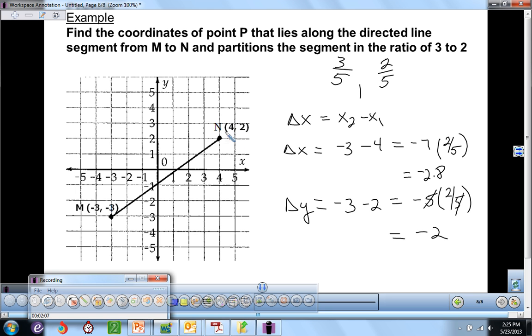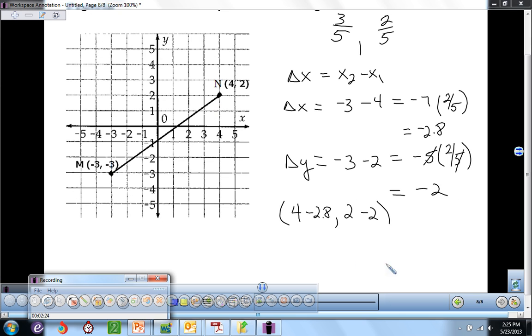Then we combine that with this one to figure out where point P is: 4 minus 2.8 and 2 minus 2. If we subtract 4 minus 2.8, we end up with 1.2, and that would be 0. So point P is 0 in the y, and we went over 1.2, so point P should be somewhere in there. So that would be point P.